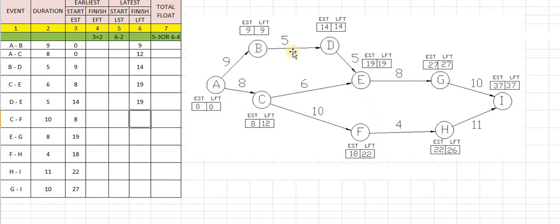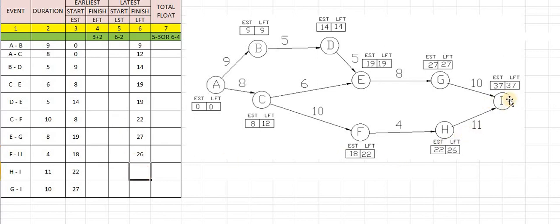C to F, F has the next value 22. E to G, G has 27. F to H, H is the next node, and H has an LFT of 26.